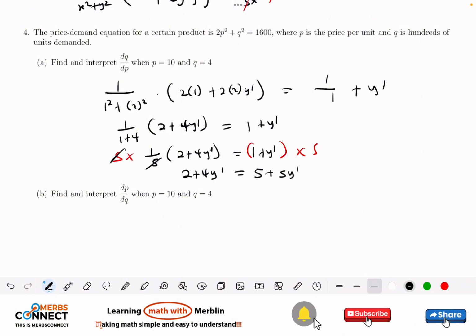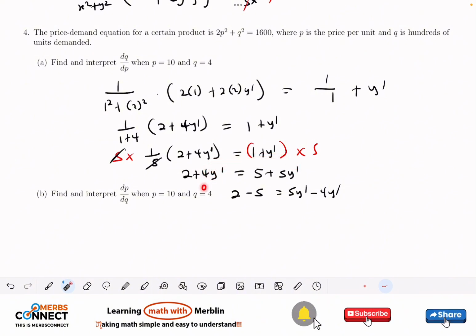Then I need to make y prime the subject. So I'll move this 4y prime to this side. Now move the 5 to also this side. So I'm going to have 2 minus 5 because I'm moving the 5 to this side. Then it will be equal to 5y prime minus 4y prime because I'm moving this one to this side.